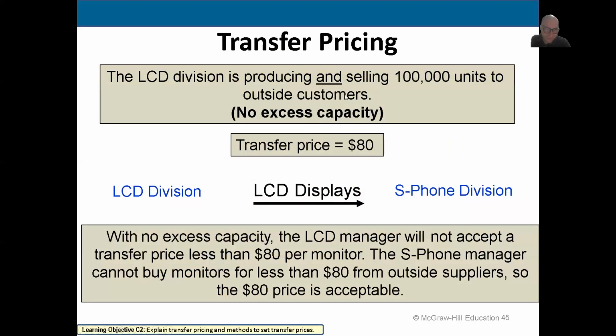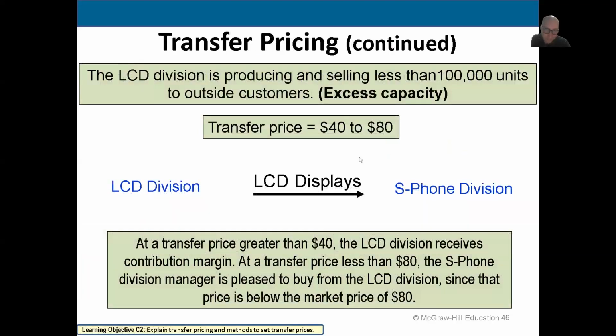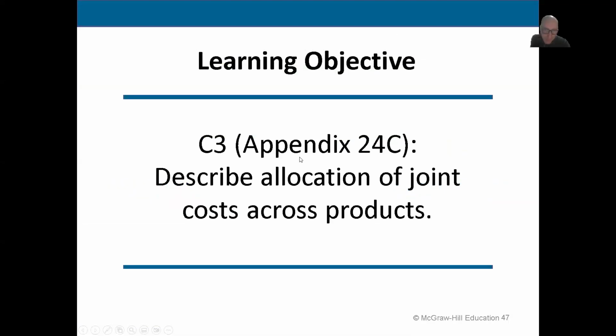Typically, the transfer price is usually close to the sales price. But again, don't worry, I'm not going to have you get too deep into transfer pricing, at least not in this course.